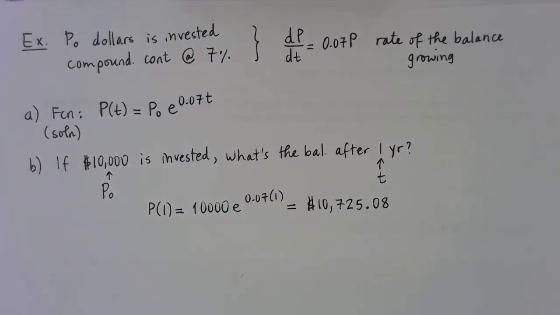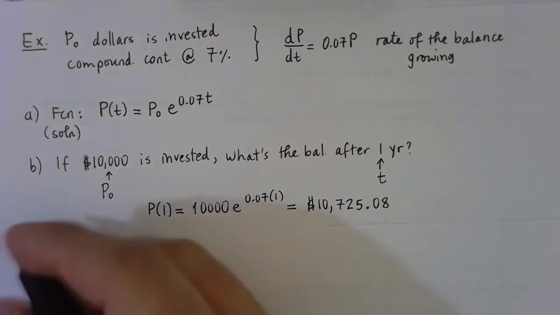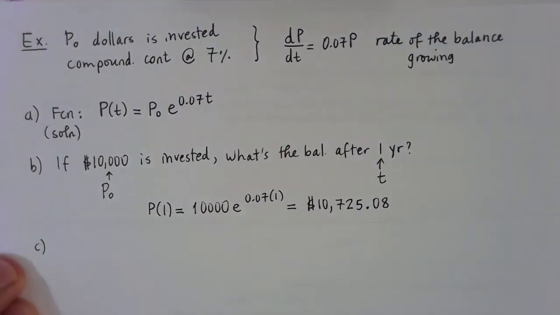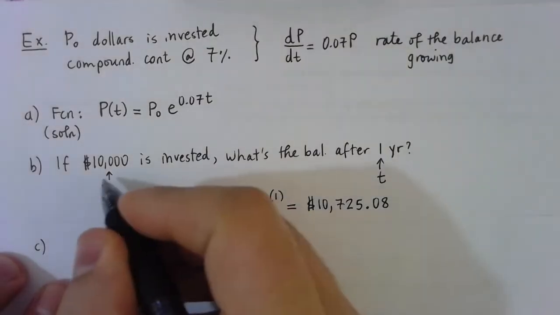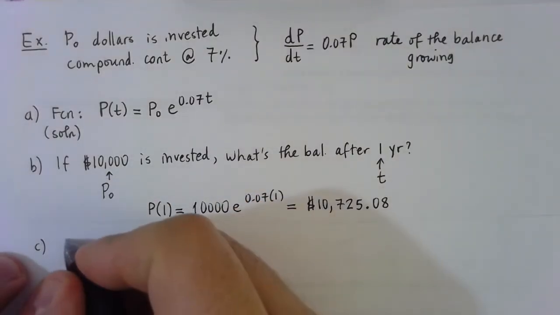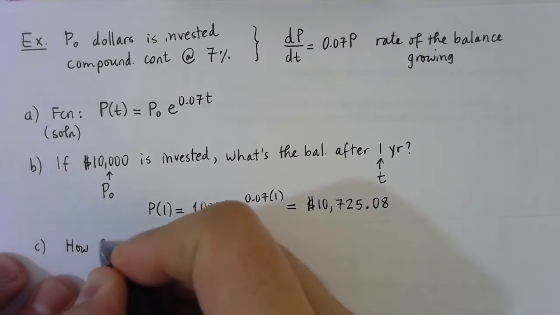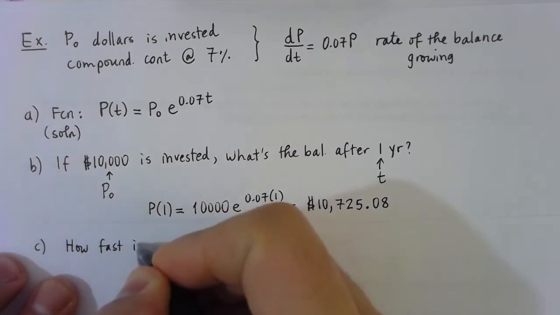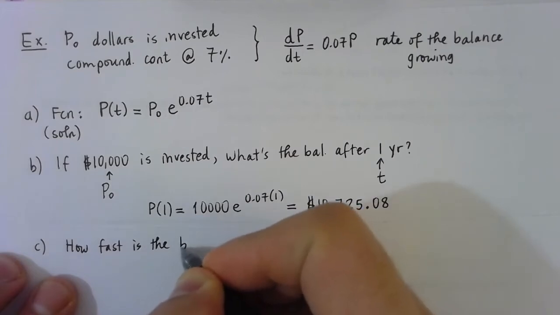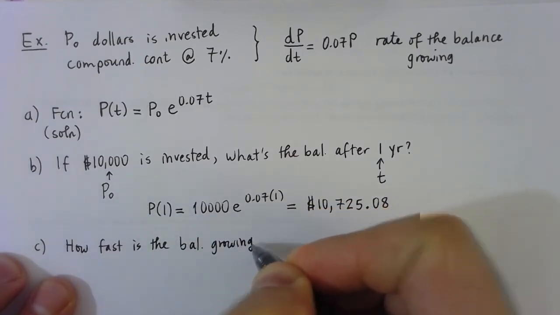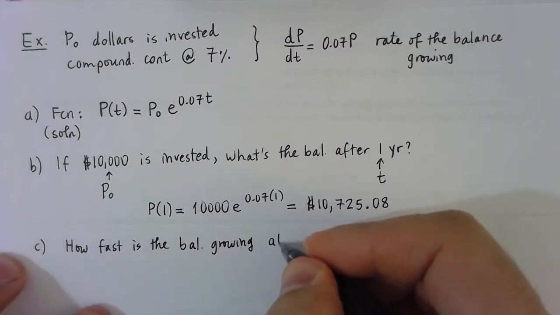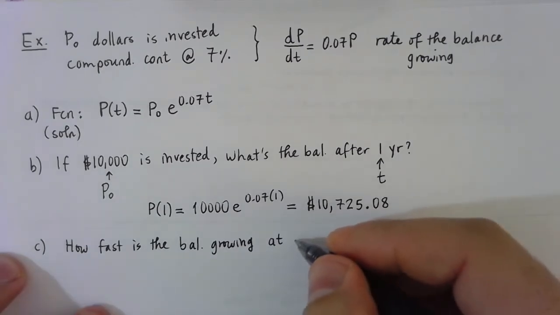And then we have one more part for this problem. It says part C, and that says if you still invest 10,000, how fast is the balance growing at year 1?